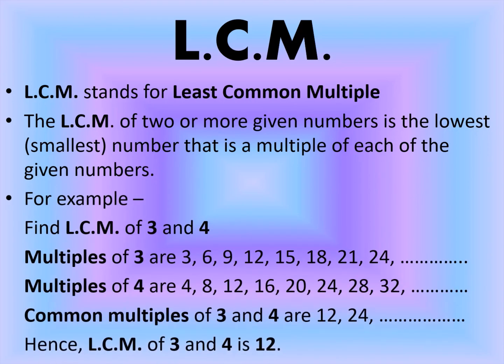For example, multiples of 3 and 4 are given below, and in these the common multiples are 12, 24, etc. Hence, LCM, that is, lowest common multiple of 3 and 4 is 12.